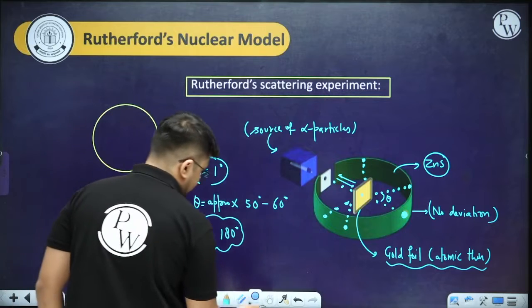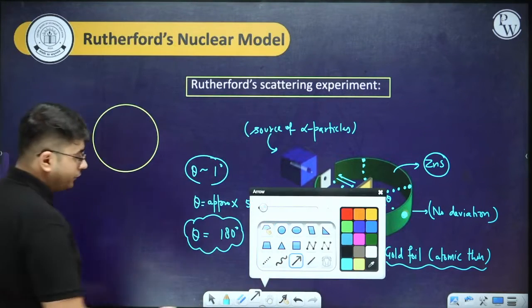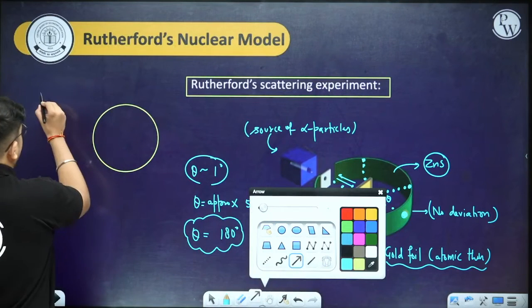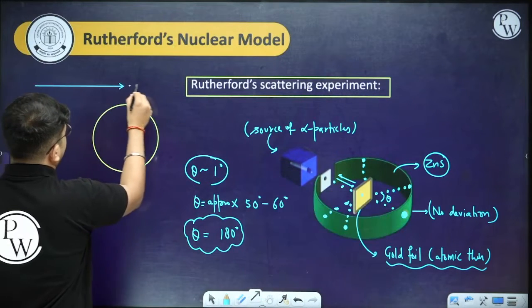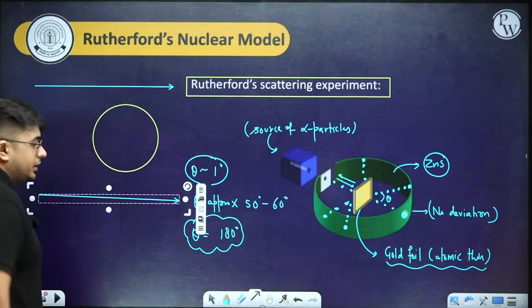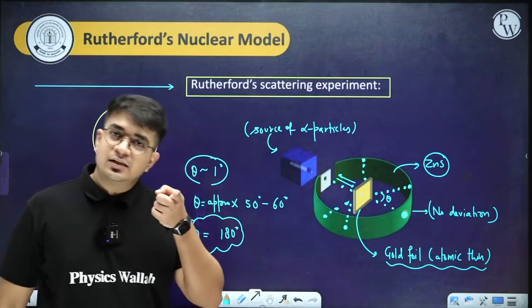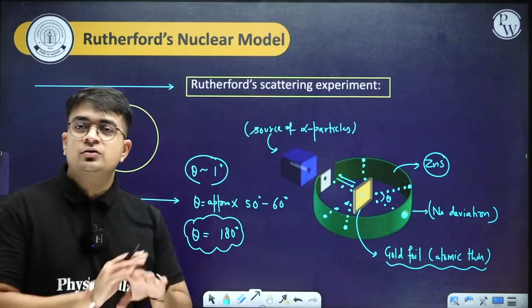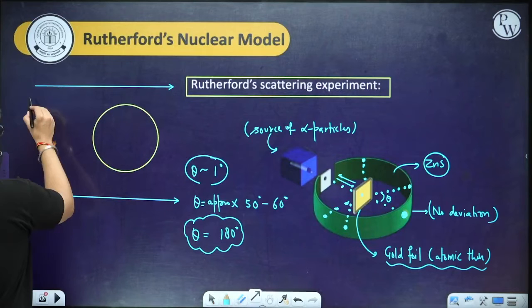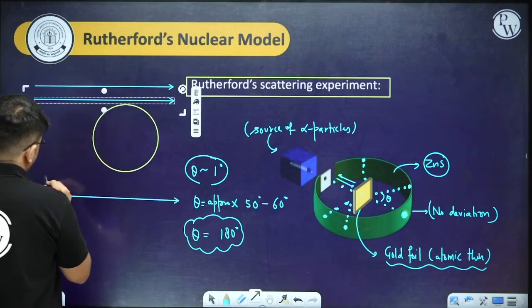In that case, he was trying to see the deviations. In most of the cases, the deviations were like this. They were moving like this, as if something is not present. If something is vacant, if something is hollow, then only you can see a straight line path after the bombardment. There is no deflection. In most of the cases these deviations were not there at all.